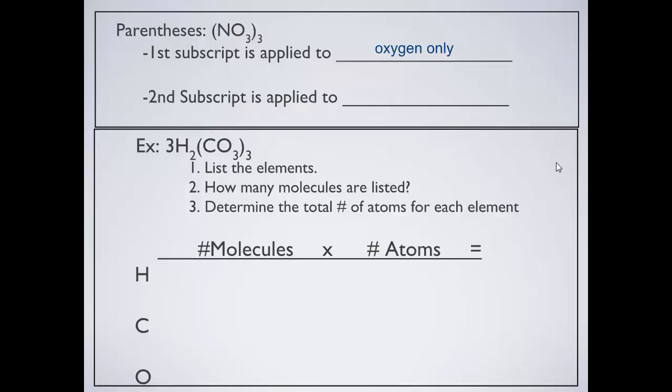What about the three outside of the parentheses? What does that go with, Grady? Tells you how many atoms there are. Not quite atoms. Or molecules. Yeah, so tell me how many of these nitrate radicals I have. And I have how many? 3. 3. So this 3 actually goes with the N and it goes with the O. So that's when things become a little bit more complicated.